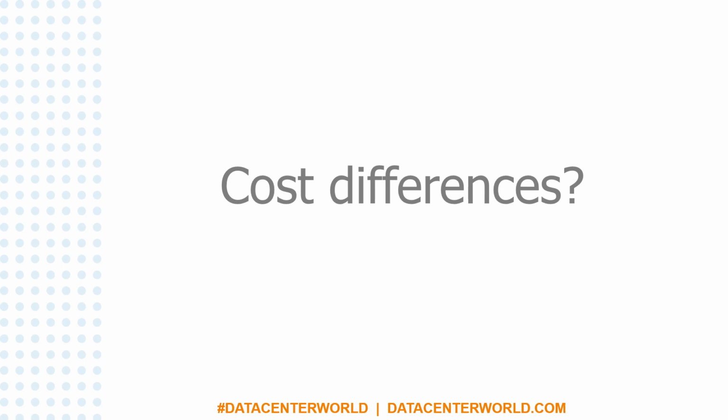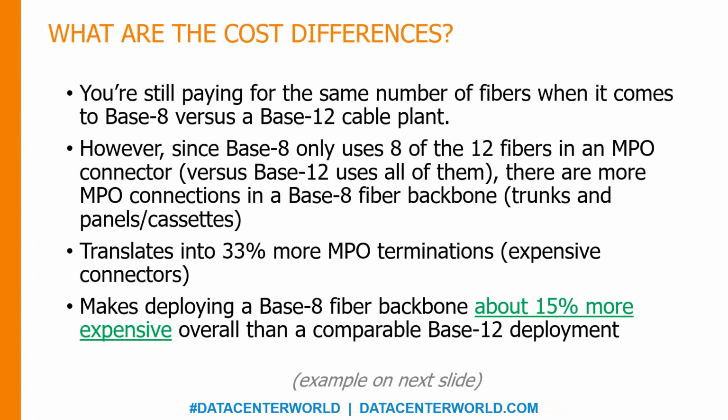So what are the cost differences that we need to be aware of? Regardless if it's a base 8 or a base 12 fiber backbone, you're still technically paying for the same number of fibers.